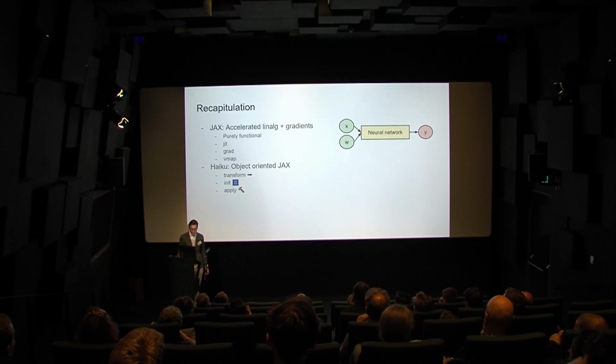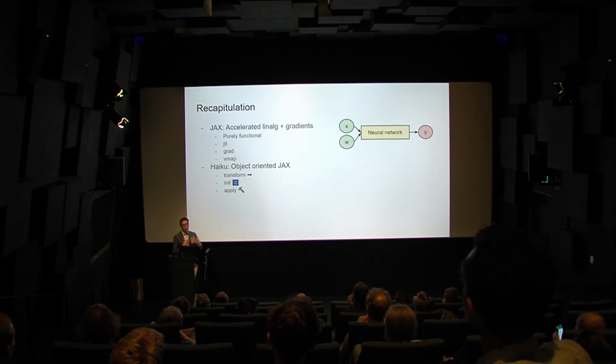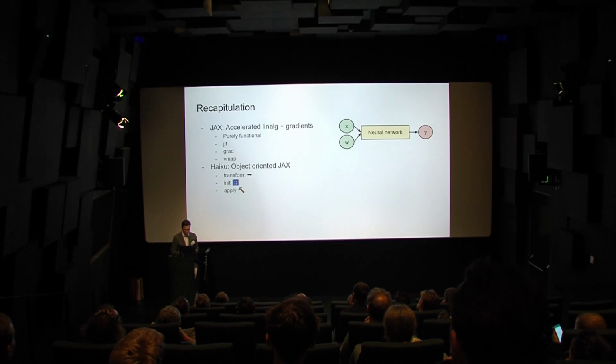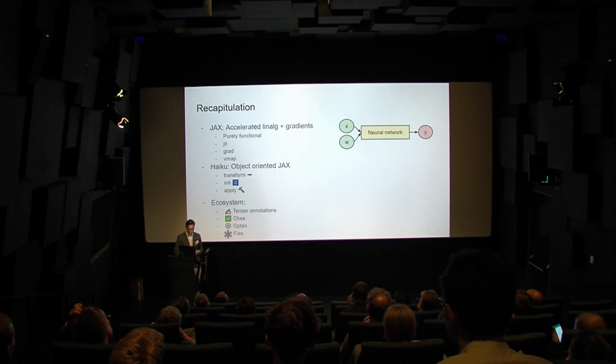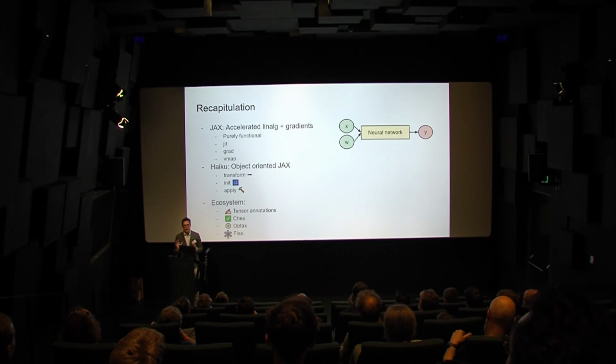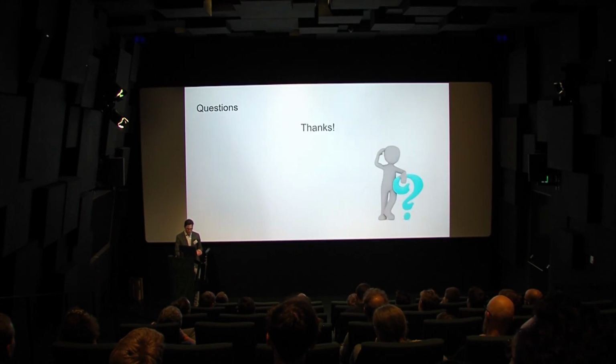And Haiku is on top of JAX and allows you to work in an object-oriented way in this purely functional paradigm. And finally, we briefly sketched some of the other packages in this ecosystem which help you to maximize your productivity using JAX. And this is it for me.